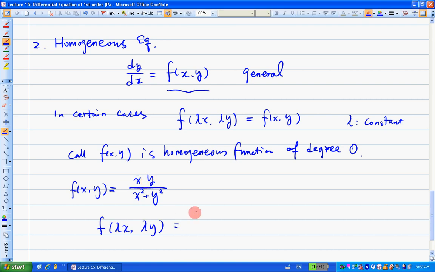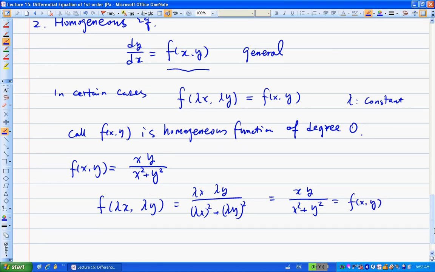So what do I get here? Lambda x, lambda y at the top, and at the bottom, lambda x squared, lambda y squared. You can easily see that in the numerator there's lambda squared, and in the denominator there's a common lambda squared. So those lambda squared cancel. You get back to self. So this function is a homogeneous function of degree 0.